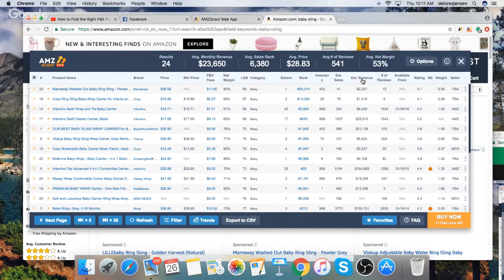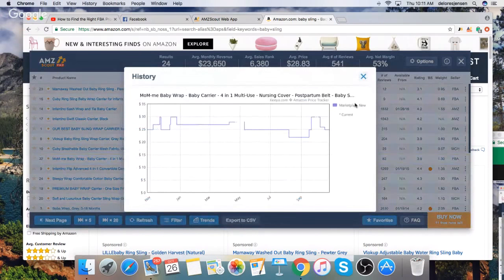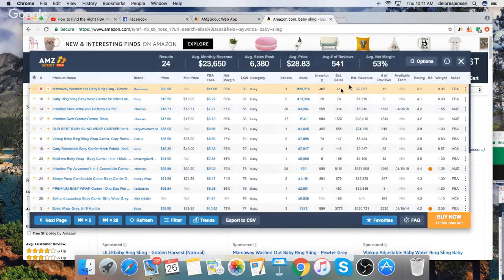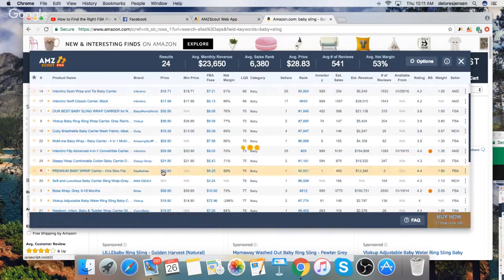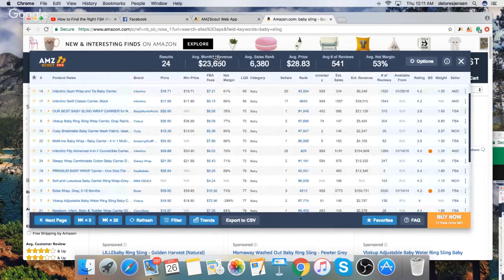But now here it's just simplified, and you can basically click and see this guy's marketplace product has only been selling here for this amount of months, and it's been selling at $25 to $30 for that amount of time. So that's pretty cool. This guy just started here, it looks like on October 15th, at around $37, and then he dropped it down to 20 something. Yeah, so that's cool.